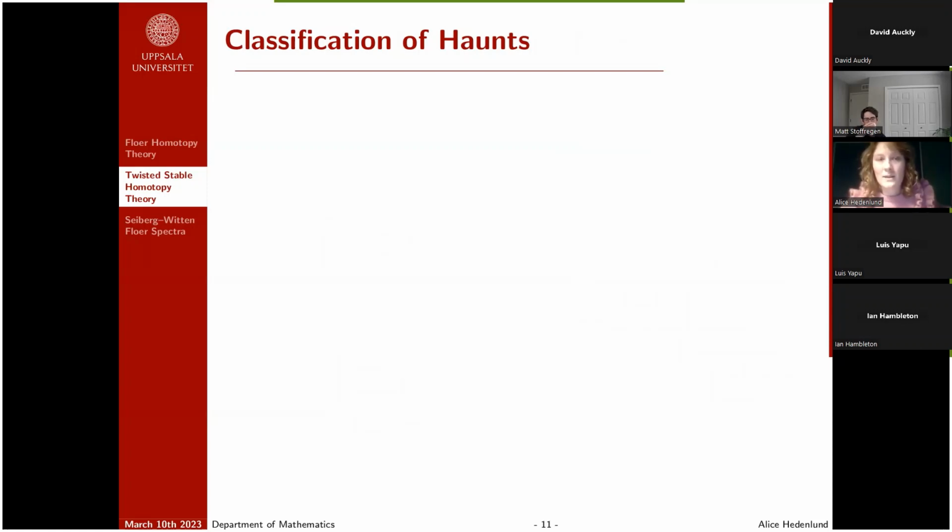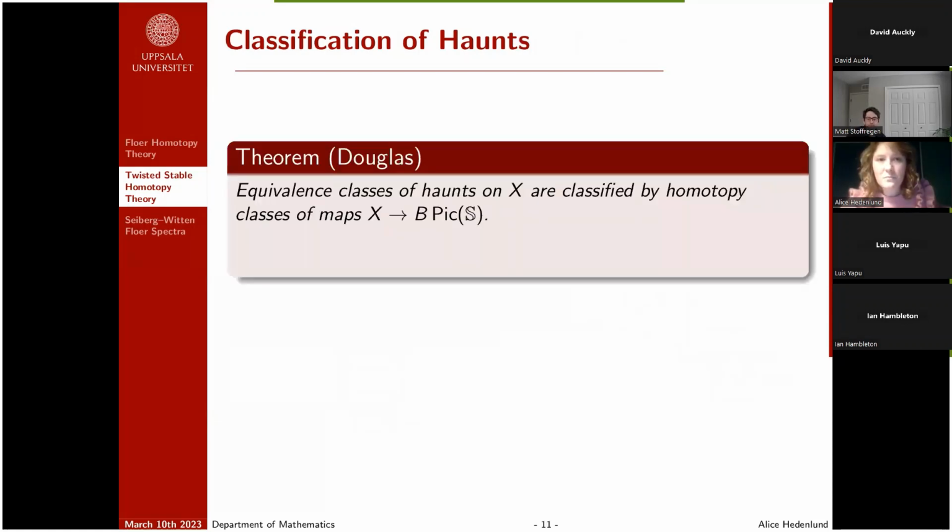So we have a similar classification here. This is essentially a theorem by Douglas. It says that equivalence classes of haunts over a space X are basically classified by homotopy classes of maps from X into the classifying space of the Picard space of the sphere spectrum.